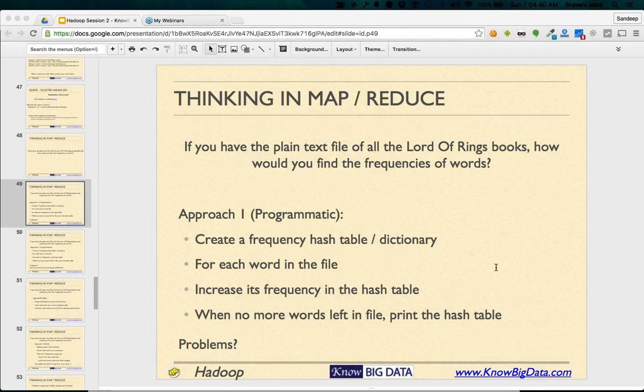Yes, that's correct, Shashi. We need to find the words in a hash table and then increment the count. Finding a word in a hash table is a very quick process. It just quickly locates the word, just like an array does.